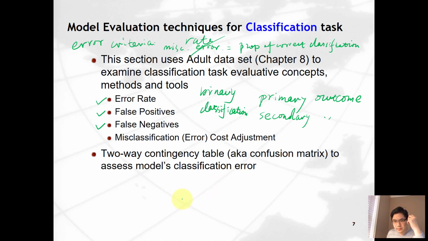So now, instead of having correct and incorrect classification, we also have the difference between primary and secondary outcomes. So now we have a 2x2 confusion matrix here.